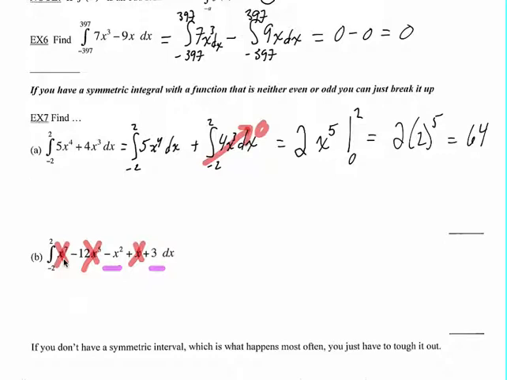So we'll take the integral of those two terms. So this whole thing is going to be equal to 2. X squared is an even function, and 3 is also an even function.